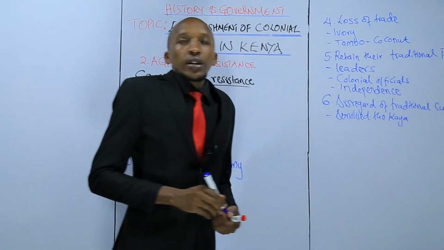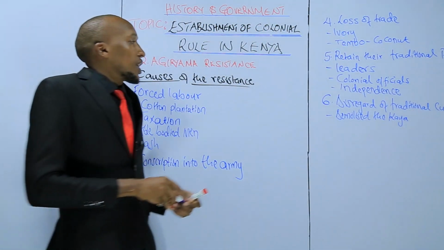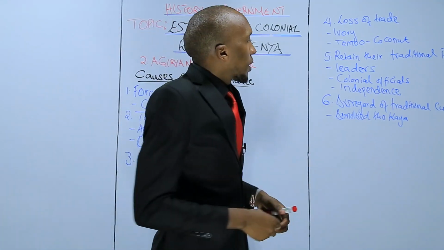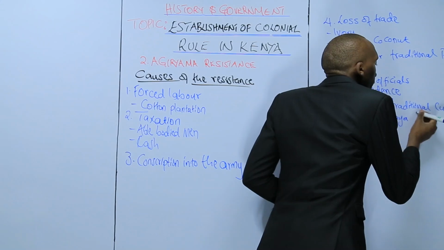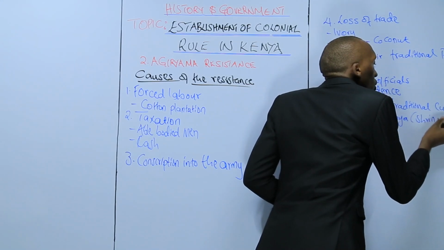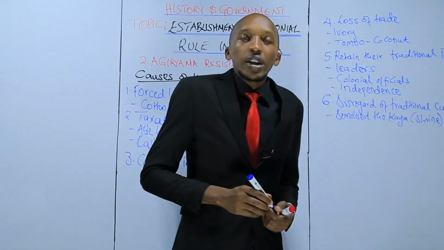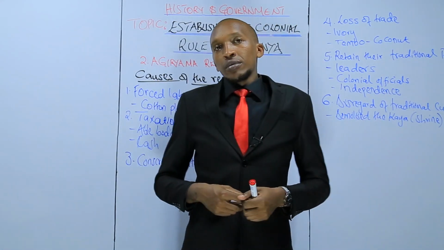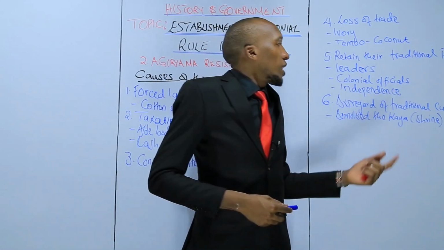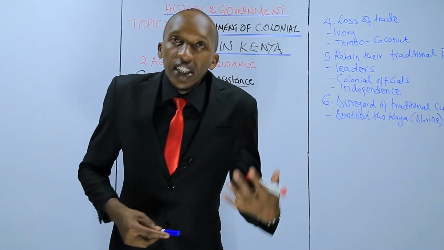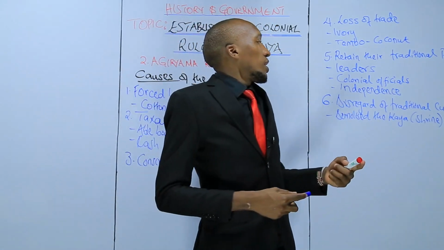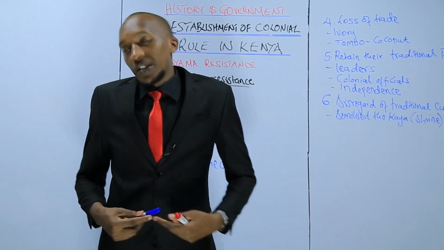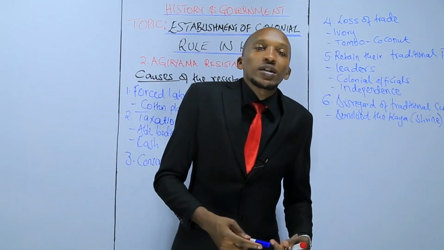The kaya was very essential in the lives of the Agiryama. These were shrines where they could go and offer sacrifices and make their prayers. So when the British demolished them, this made the Agiryama people very angry because they saw that their religion has been despised. Their belief system has been disrespected.